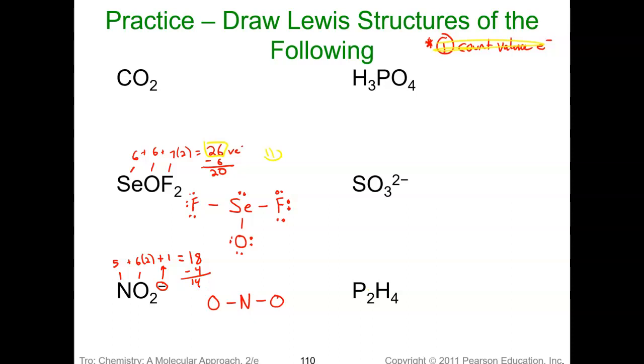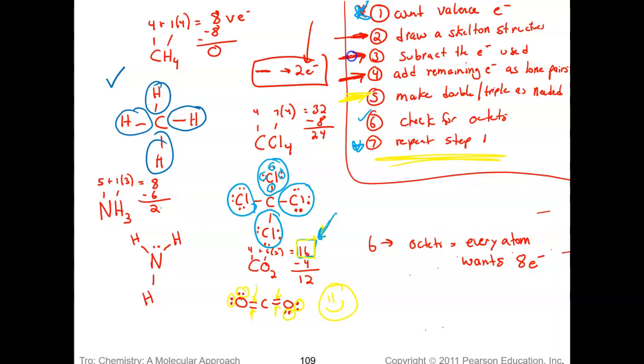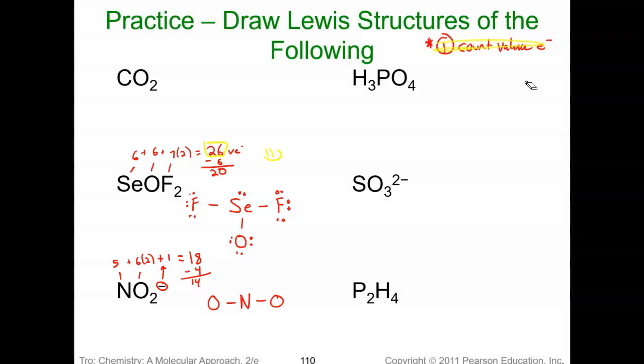So we subtract the number of electrons used and add the remaining as lone pairs. 14 electrons, and again, outside in makes your life easier. 2, 4, 6, 8, 10, 12, 14.